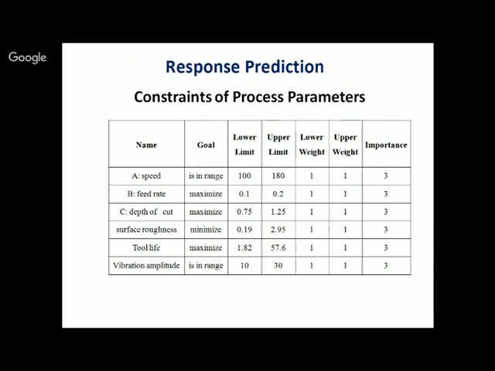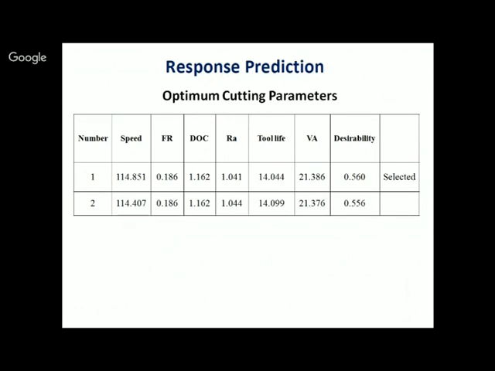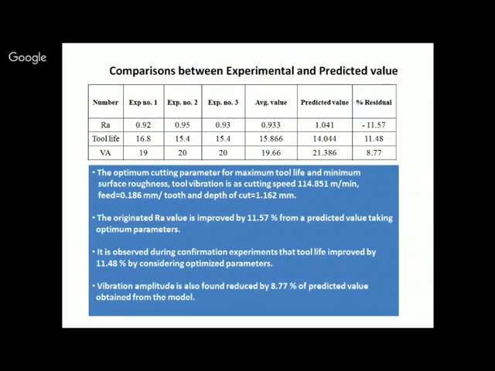By giving this, it gives us these parameters; it has suggested two optimum results. In one the desirability is 0.5, and in the second it is 0.556. I have selected one of them and validated my results.